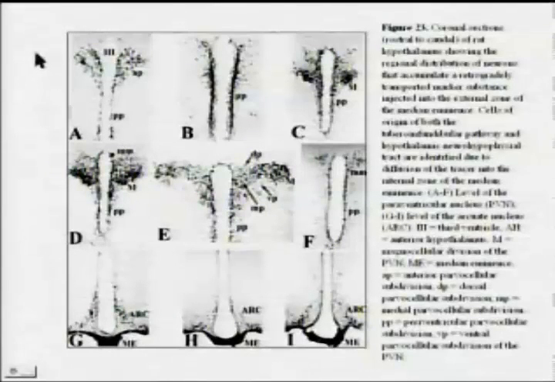So these panels A through F are from the first level that we looked at, the PVH level, and the arcuate median eminence level are shown in panels G through I.